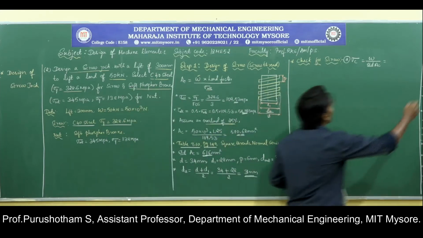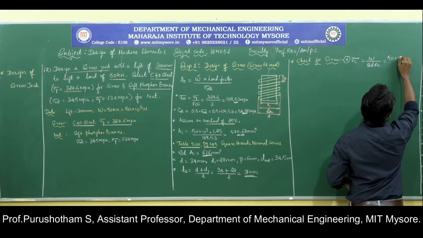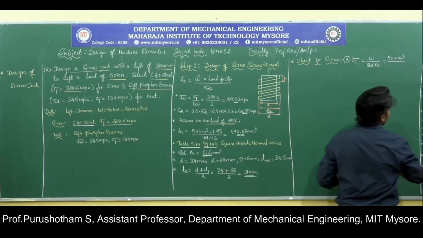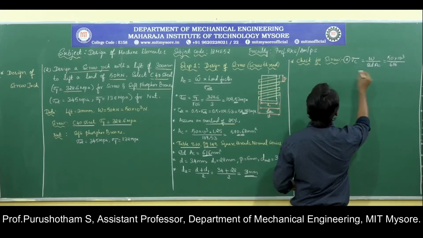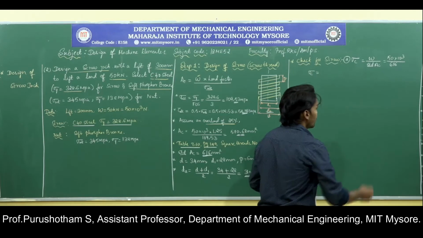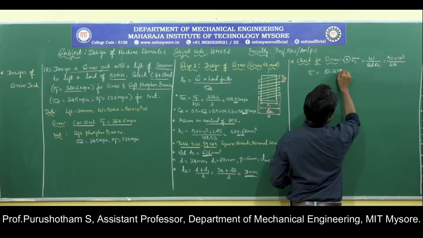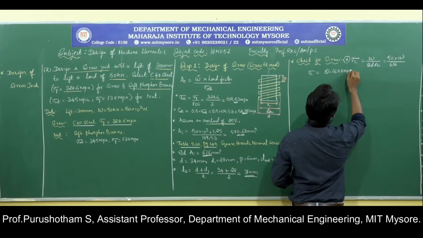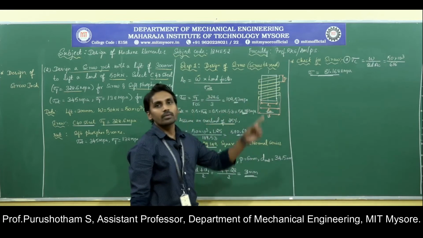The load is 50 kilonewton, 50 into 10 power 3, and the standard core area is 616. Calculating this, sigma c is 81.1688 megapascal. This is the compressive stress induced in the screw due to the compressive load.